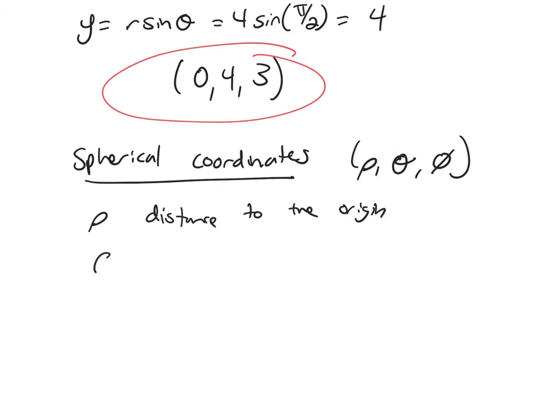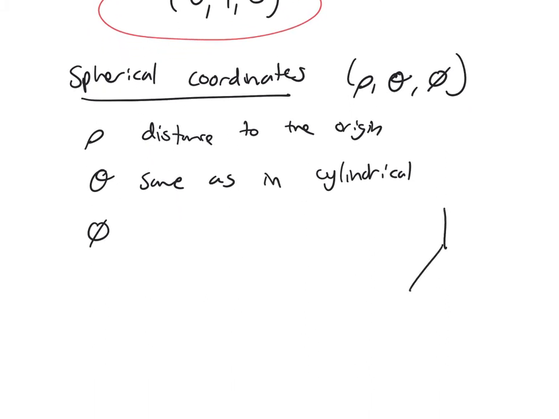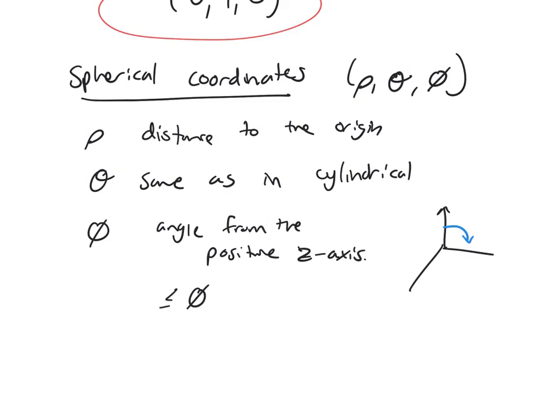Theta is the same as in cylindrical. The one new angle is phi, which represents the angle from the positive z-axis. So coming down from here, and this phi angle, it's between 0 and pi.